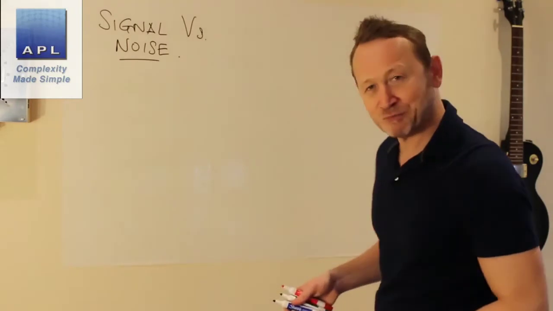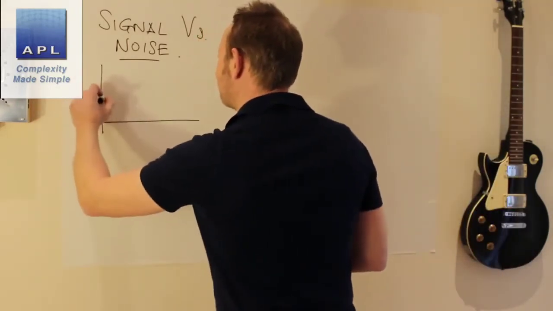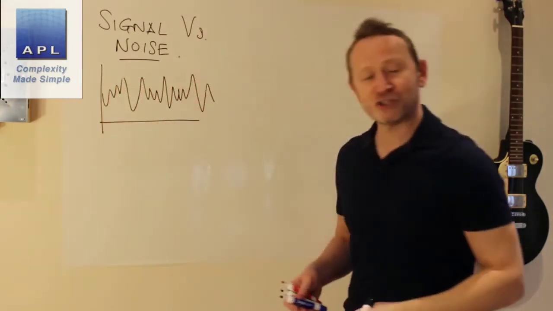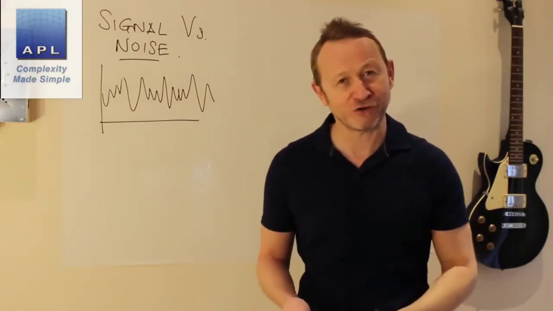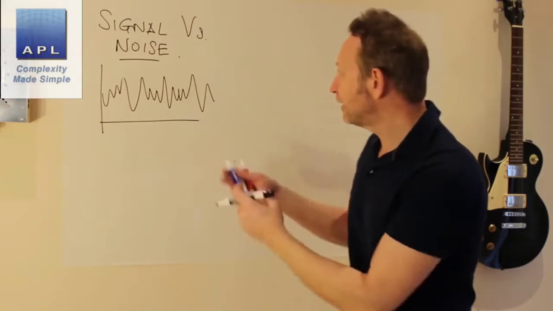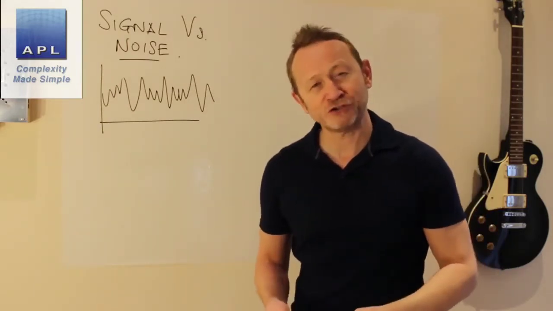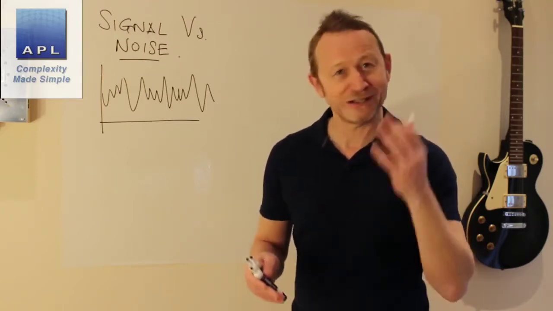What does a big random number generator look like? Well, if we put it on a graph, it's going to look like this. The process is just randomly bouncing across the graph there. Sometimes a little better, sometimes a little worse. Of course, in a manufacturing situation, what are we typically trying to do? We're trying to hit a nominal.